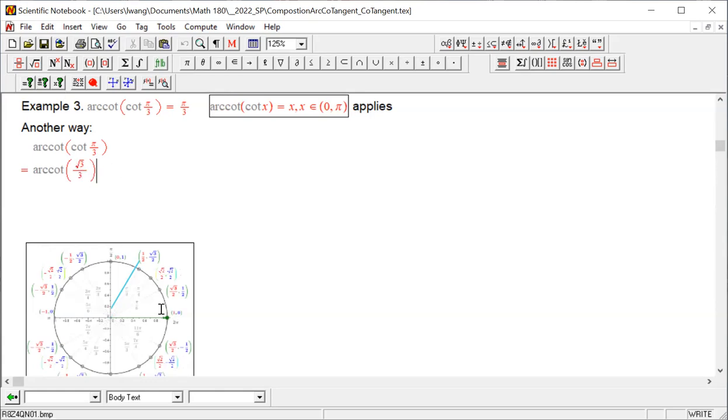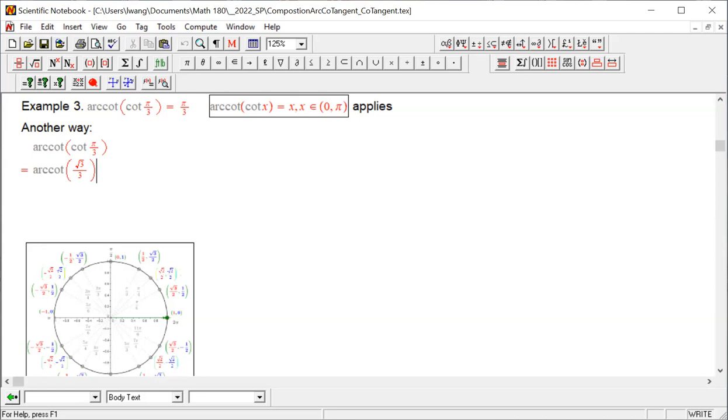By this time, we already know where the output should be for arc cotangent. It's going to be between 0 and pi, in particular in the first quadrant, from 0 to pi over 2. Keep in mind arc cotangent's range, because the range tells us what the answer is expected to be. Your answer is not going to be outside the range.